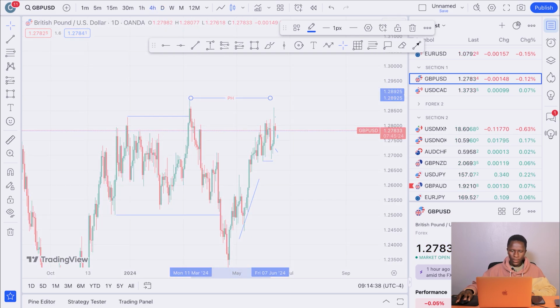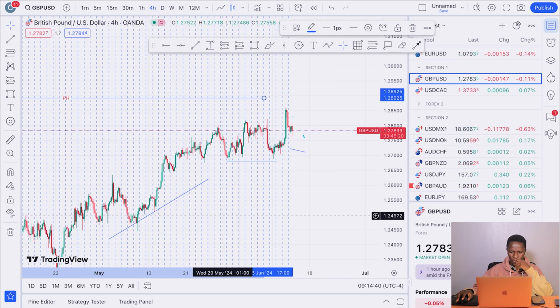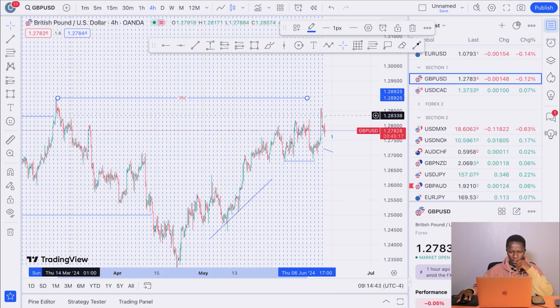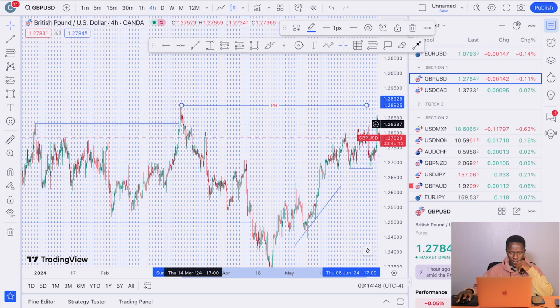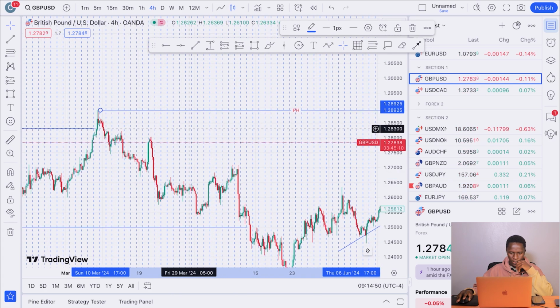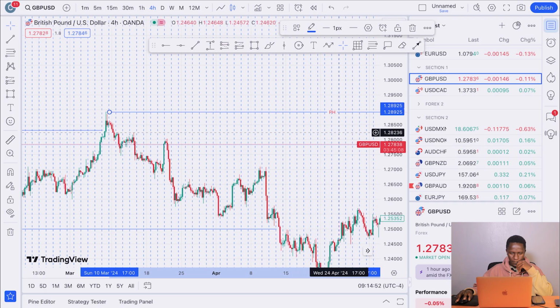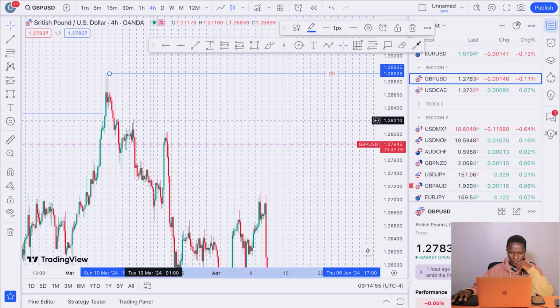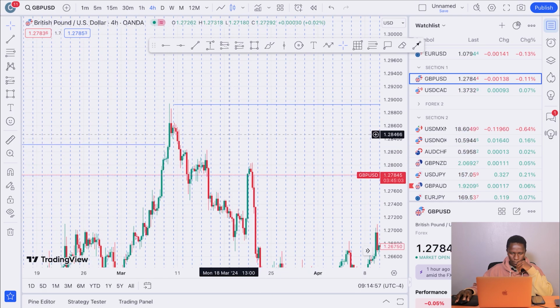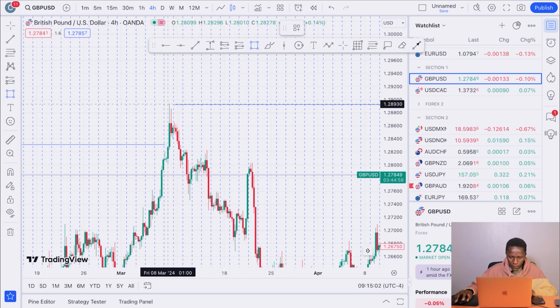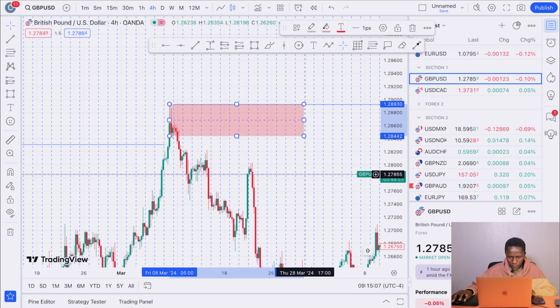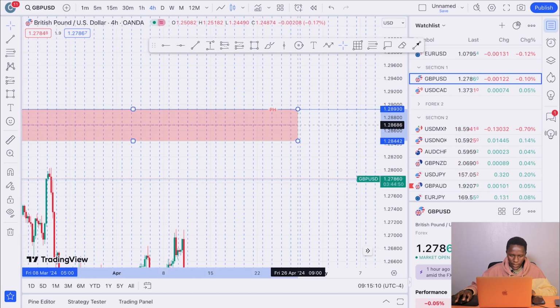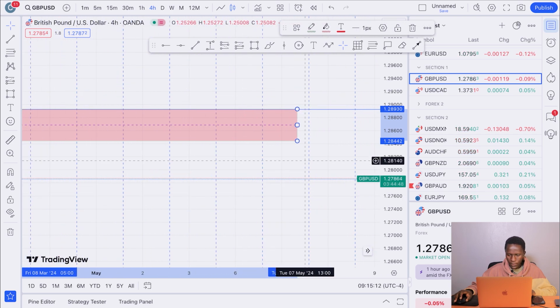Then we dive deep into the 4-hour time frame. In our 4-hour time frame, you will see that we have a clear order block here. On the extreme, we had our order block, and the market had already mitigated it.